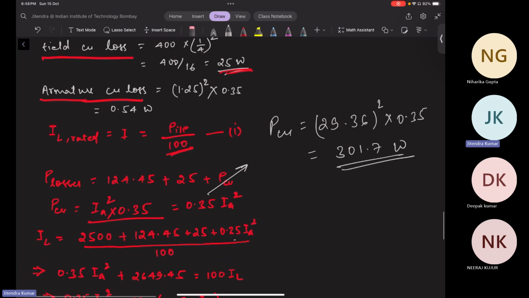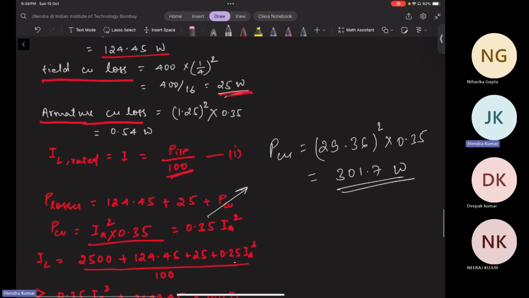That is 301.7 watts. So what will be the total losses? 124.45 plus 25 plus 301.7. It will be 451.15 watt.